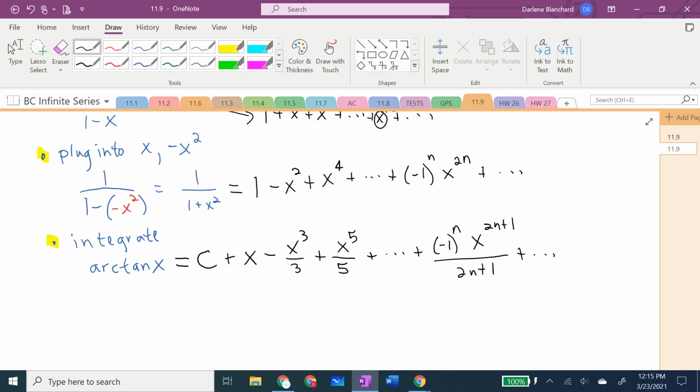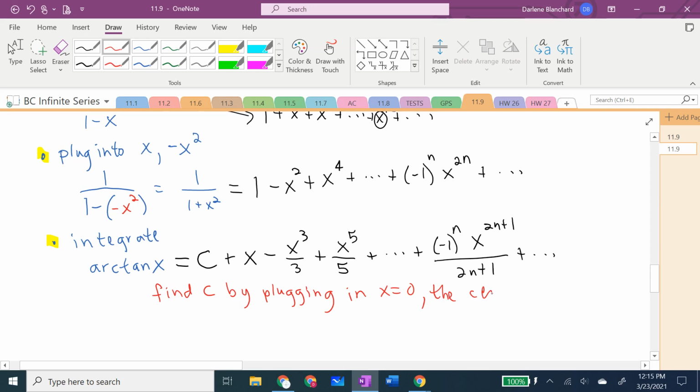So what is the center of that polynomial? 0. So you are going to find c by plugging in x equals 0, the center of the polynomial.